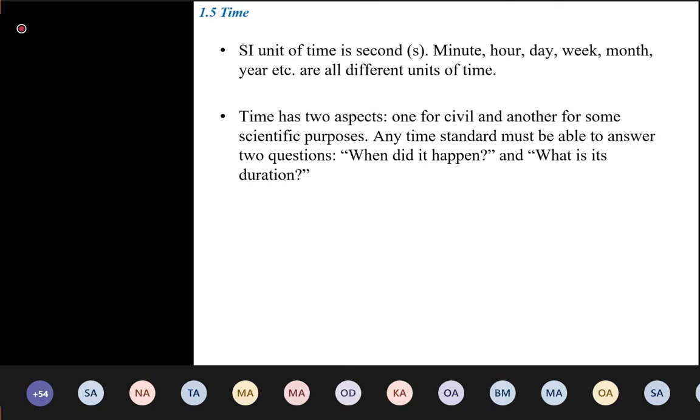But now when we go to the scientific aspects of it, the time has to do 2 things. First, it has to tell us the duration, and it also has to tell us when something or an event has happened. For example, if I ask you, what is the duration of this class?